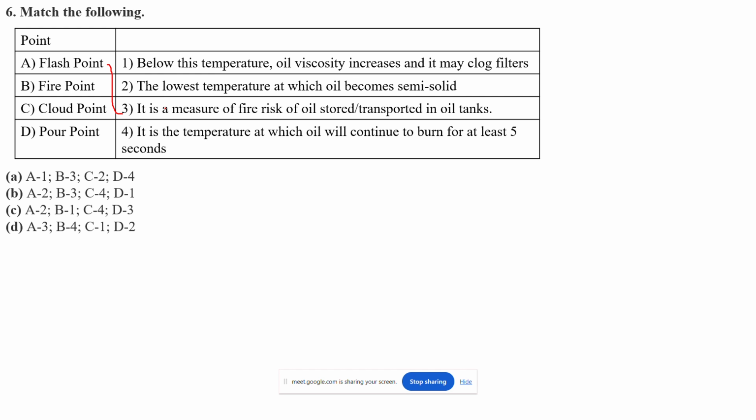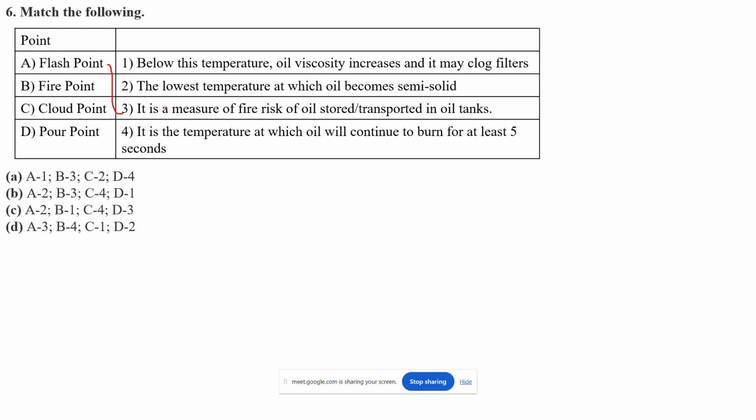In that case, we have to consider this flash point, because above this flash point the liquid fuel is going to evaporate, and once it starts evaporating, there are high chances that it can come into contact with air or any spark, and that can start it to burn.